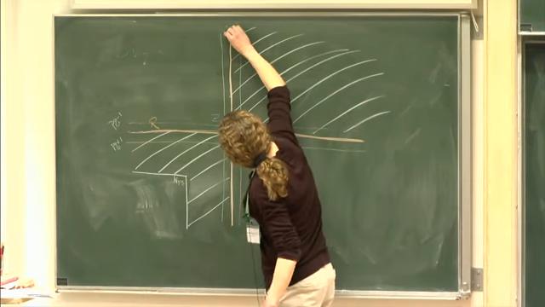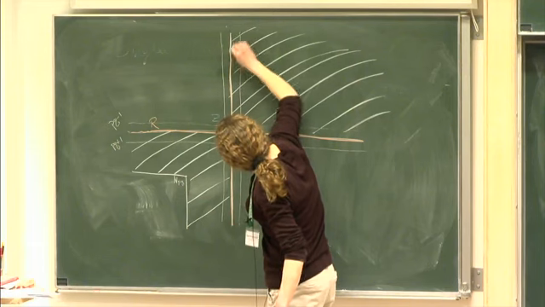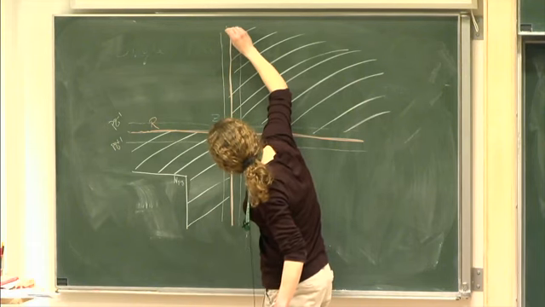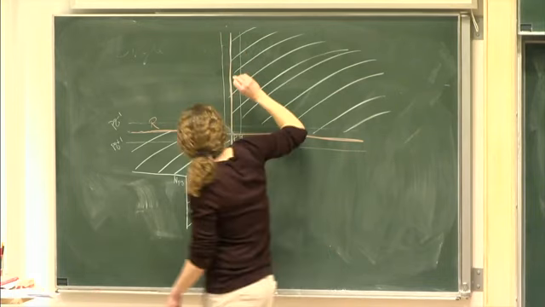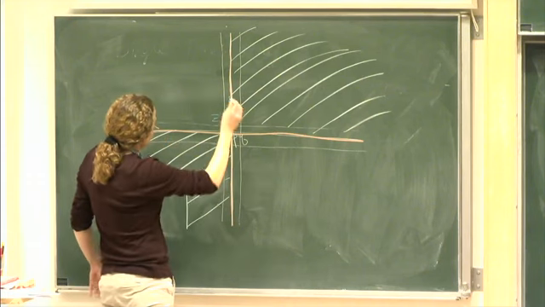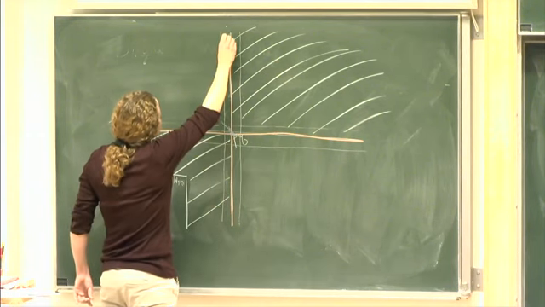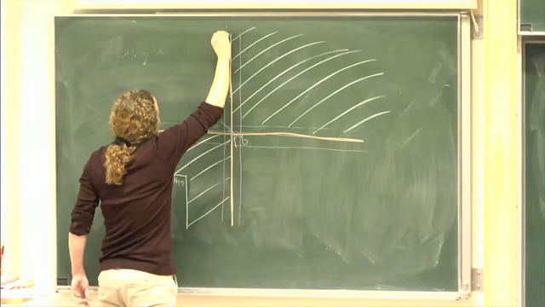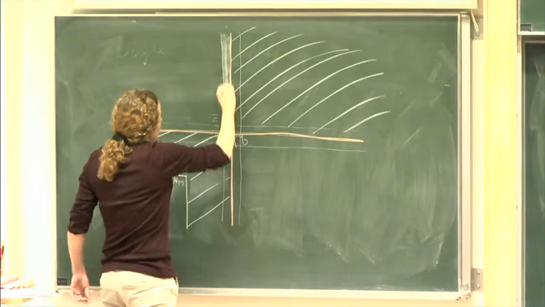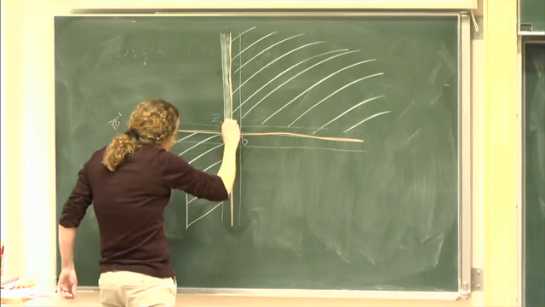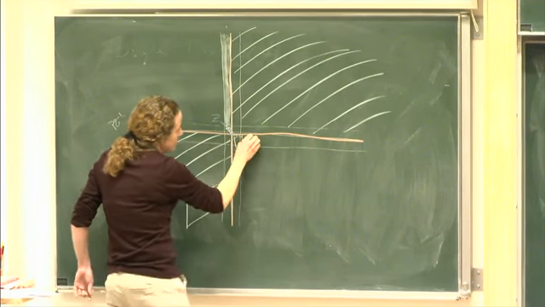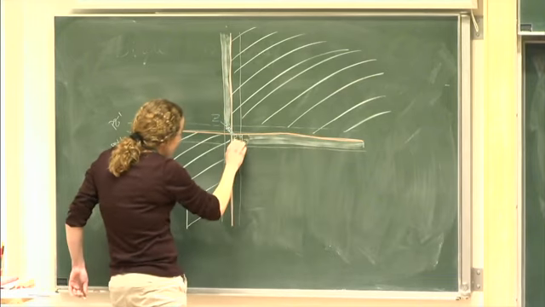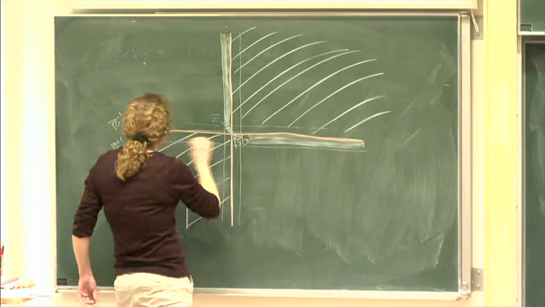So I get some extra stuff here, which looks kind of, I don't know how to draw it very well. It would be sort of filled in here, and then it gets very complicated right inside this box.